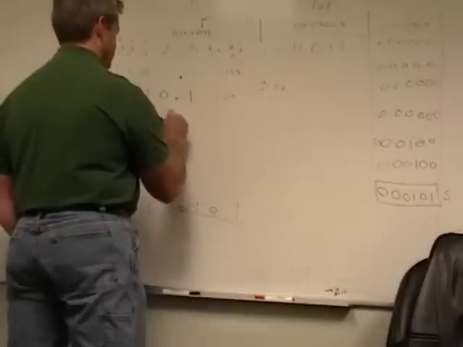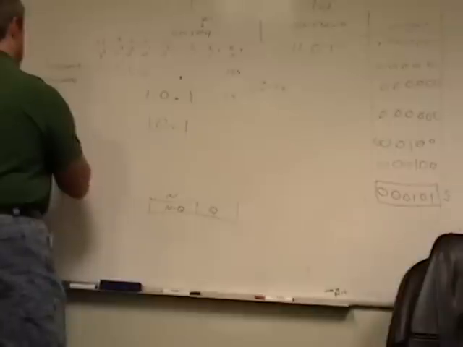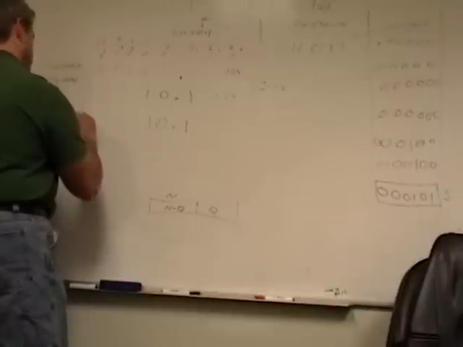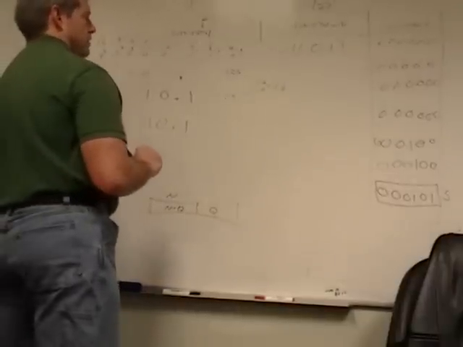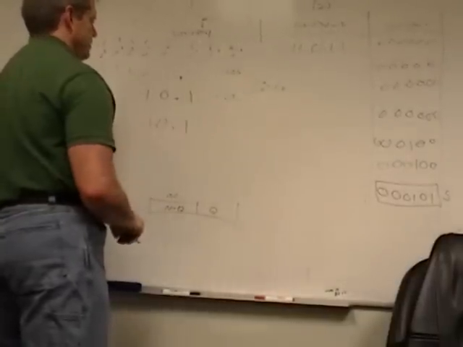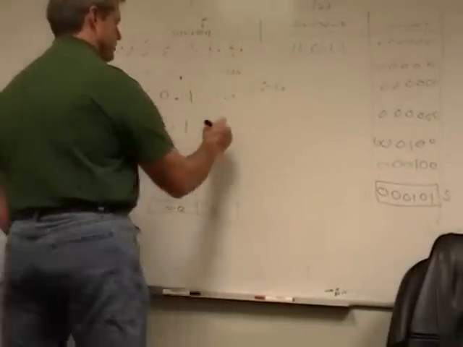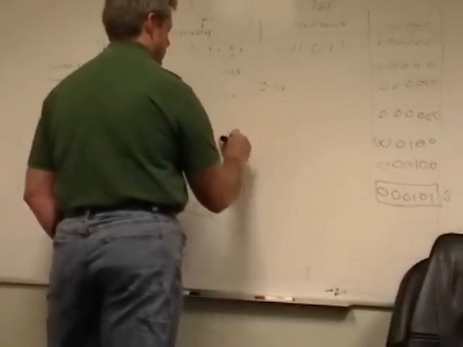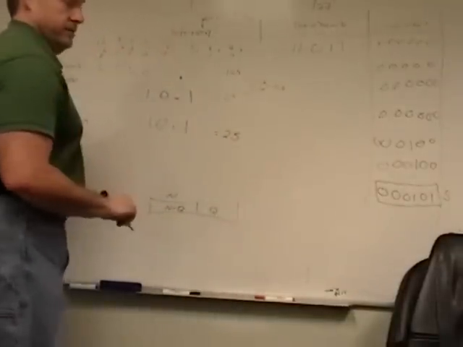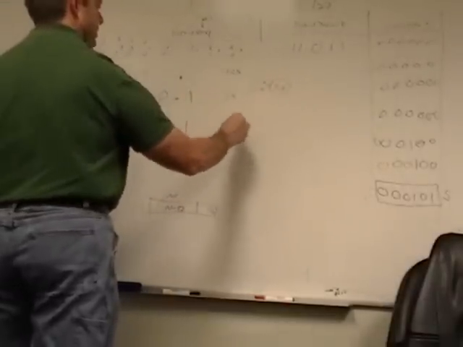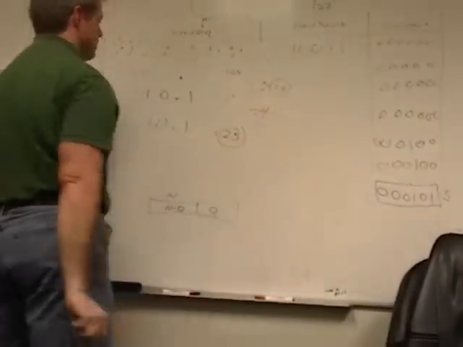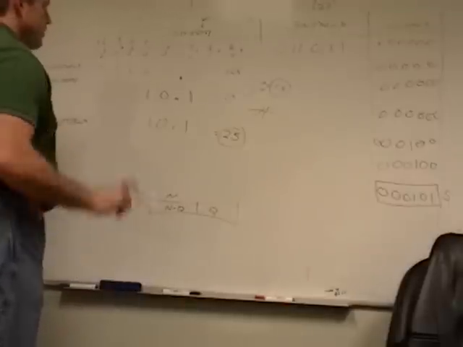So the quotient was 10.1. And there would have been some more bits behind it. But this is equal to 2.5. Well, that ain't right, right? Obviously, we know it should be 5.4, and here we got 2.5, and that is not equal. So what's going on here?